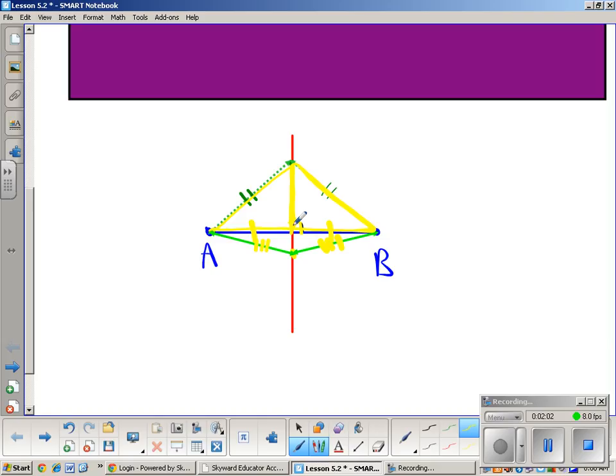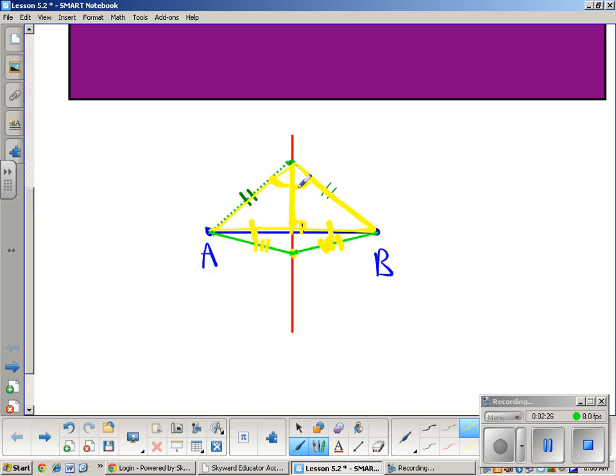That's not what it's called when it's doing it to an angle. Angle bisector? Yep, it's the angle bisector. That means these two angles have to be equal. Okay? So if it's a perpendicular bisector to the base, if these sides are equal and this is 90 degrees, then that's going to make these two angles equal.